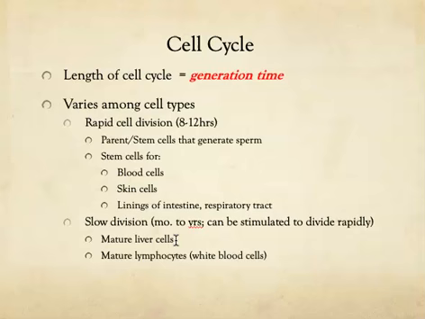What's interesting to note, though, is that these slowly dividing cells can divide more quickly under certain circumstances. In other words, they can be stimulated to divide quite rapidly. Now that tells us something about cell division. That tells us that cell division is regulated. There are ways to speed it up and to slow it down.